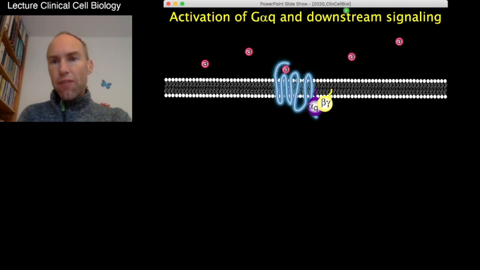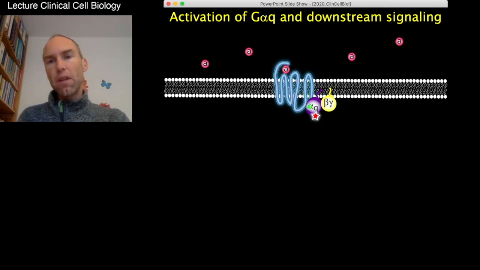Now, when we activate the GPCR, the heterotrimeric G protein is recruited, then it's activated, which in case of a G protein means that the GDP cofactor is exchanged for GTP, and now the alpha subunit is active.